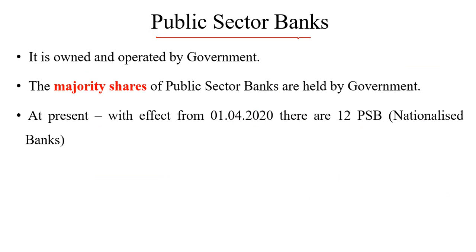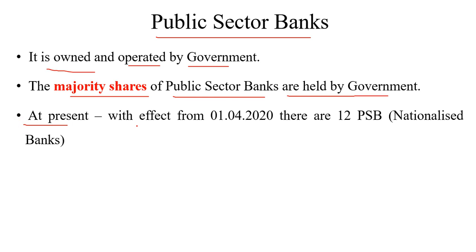First is public sector banks. Now what are public sector banks? Public sector banks are owned and operated by the government. The majority shares of public sector banks are held by the Government of India. The majority shareholding is with the government.